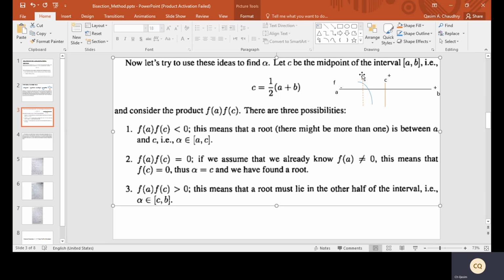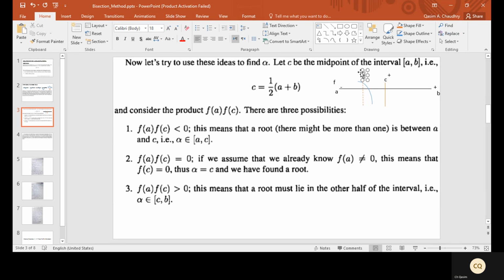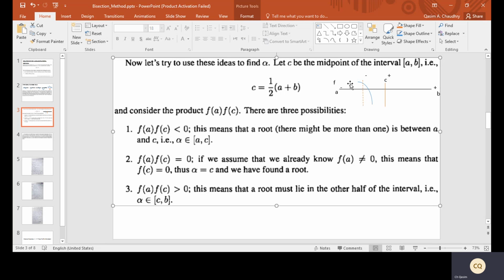And now students, here it would be a negative value. If this is negative and this one is positive, then the root lies between this point and this point. Once again, the interval has been shortened.